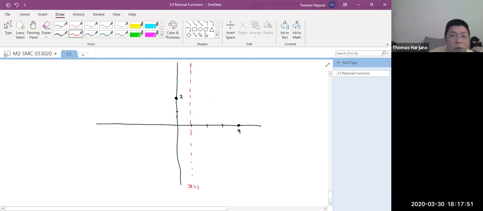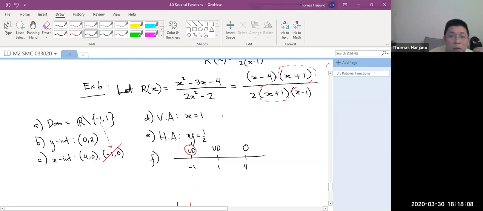Horizontal asymptote, y equals 1/2. And from the sign graph, we see that, oh, I'm not done with my sign graph yet. I'm sorry. My y-intercept is (0, 2), so this is positive here.